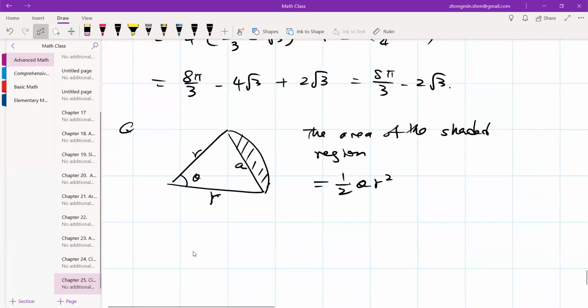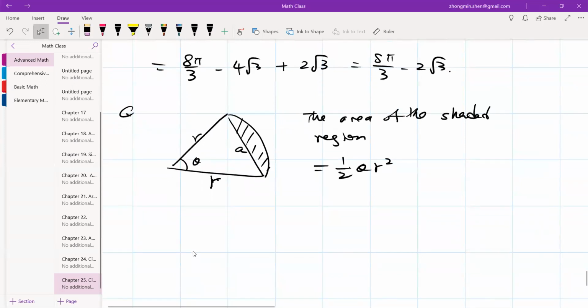Can you find the area of the triangle? Well, this is an isosceles triangle, so it will be half of the height times A, right? The base is A, but the height you have to calculate using the Pythagorean theorem, R squared minus half of A squared, for example. So that's the formula.